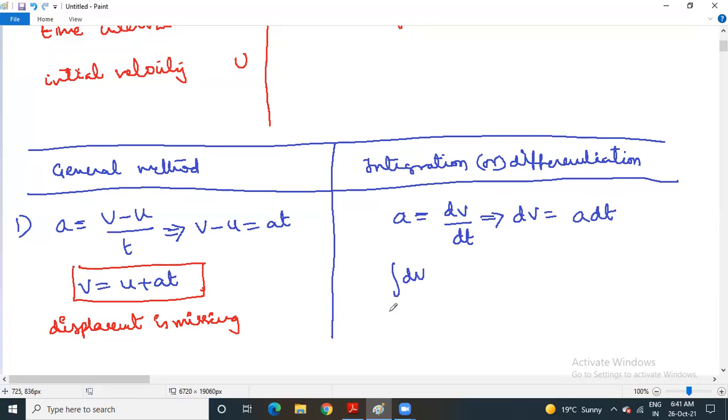Integral of dv, initial velocity u is to be considered as lower limit, final velocity v as upper limit. A, acceleration is constant, and dt. So the initial velocity is at 0 seconds and the final velocity after t seconds.